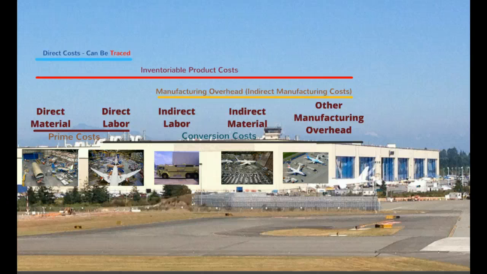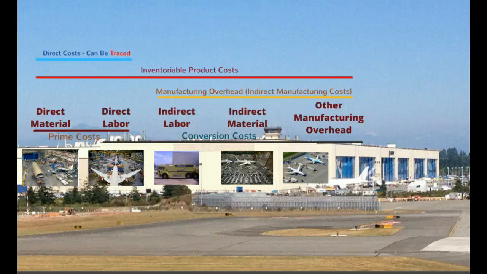We cannot take these costs and say these costs directly went into an individual plane. Taken together, both labor costs, indirect material, and other manufacturing overhead are conversion costs, the cost of converting direct material to the final product.